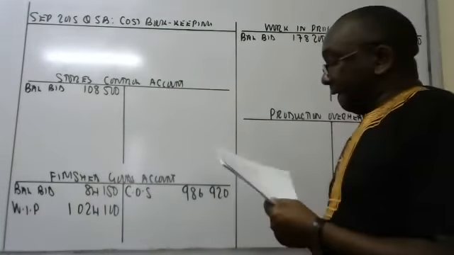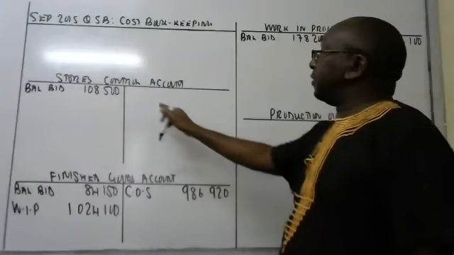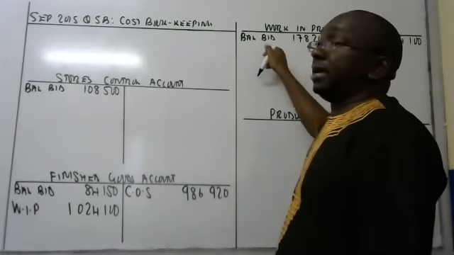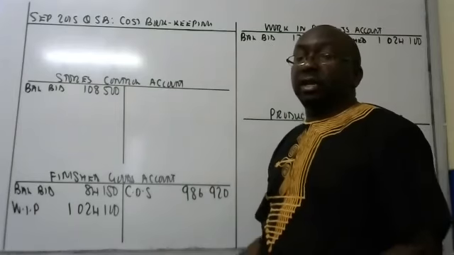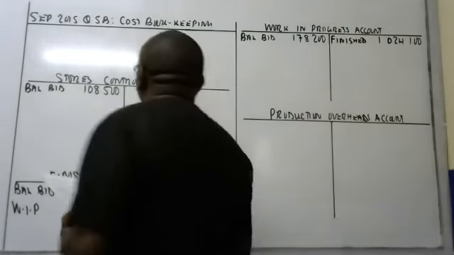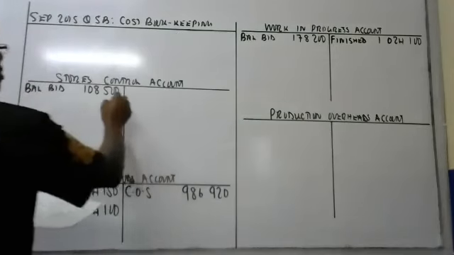Direct materials issued. When you issue materials, you are removing them from the store's control account and taking them to where work is happening or production is taking place, and we are told they are direct materials. So we can start with the stores.